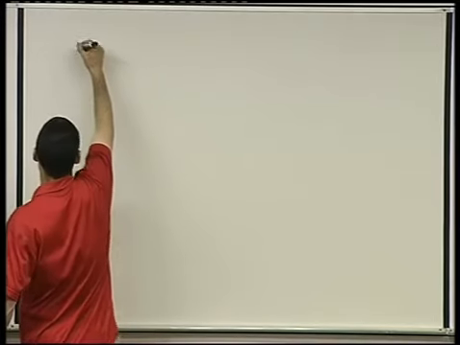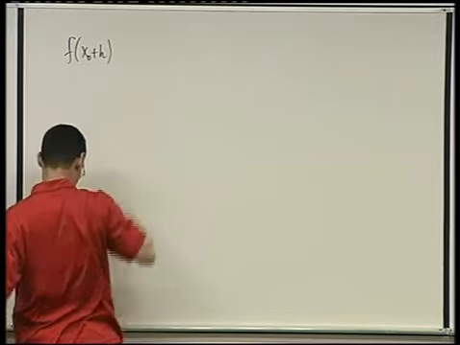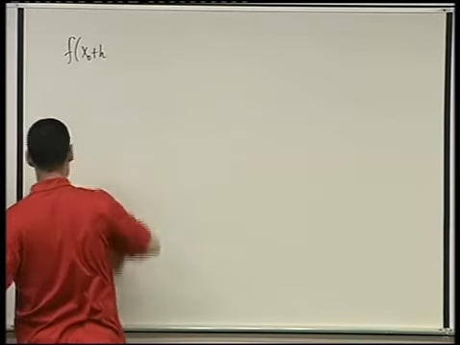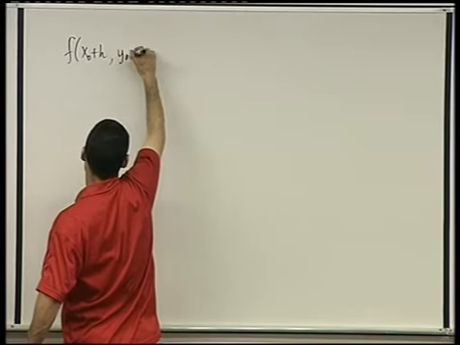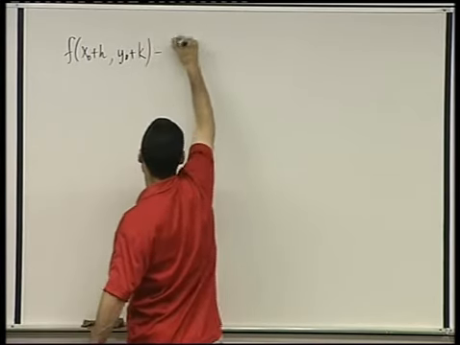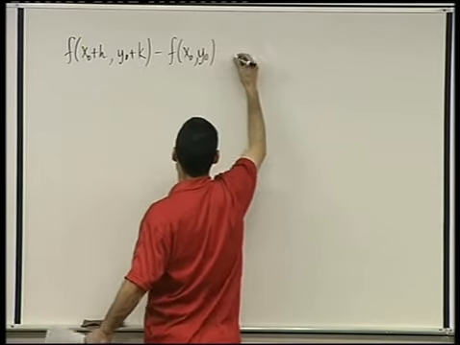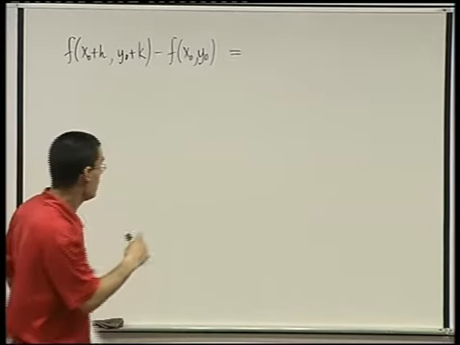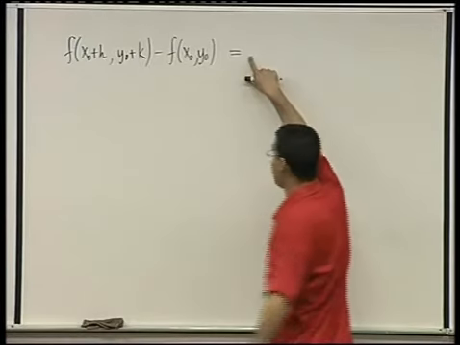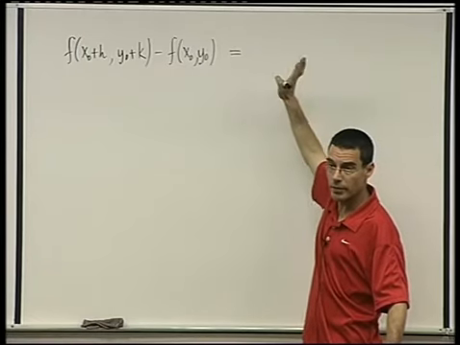Okay, so what was star? Star said take f at x0 plus h, y0 plus k, minus f at x0, y0. I'm trying to prove that this in fact holds. This has to be equal to a times h, but a is 0, gone.